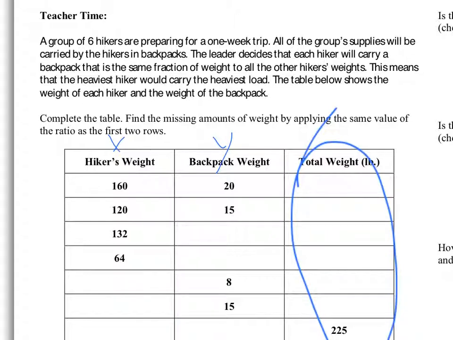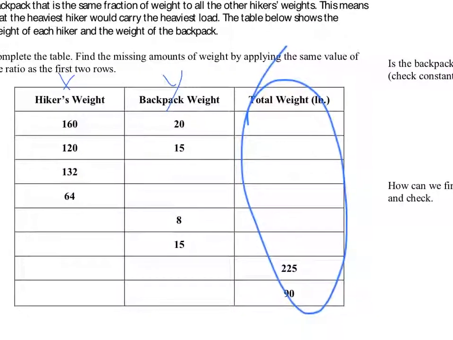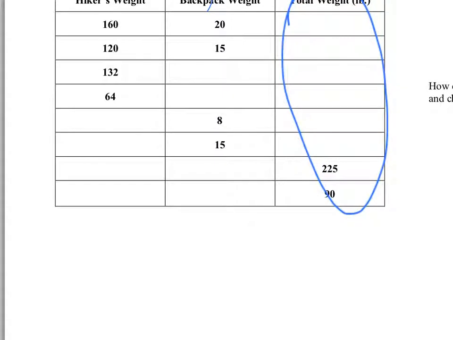The hiker's weight is determining how much backpack weight we're giving them. So in this particular case, we're going to find the y over the x, the constant of proportionality. So it's our y over our x is 20 over 160.